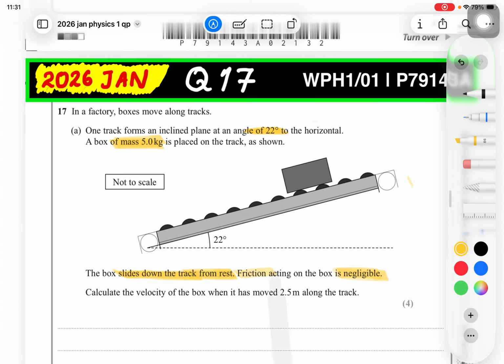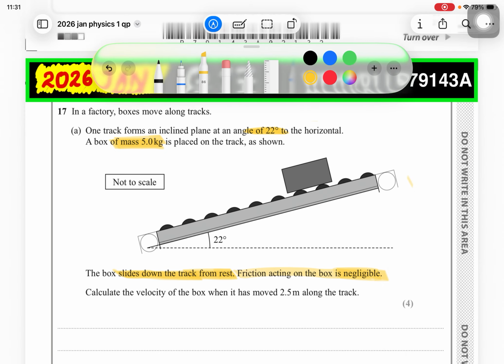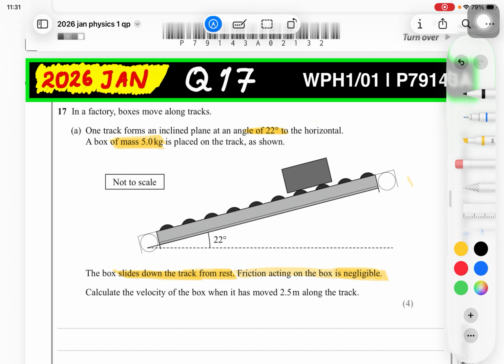So when they say the friction is negligible, we can entirely avoid the friction force. And calculate the velocity of the box when it has moved 2.5 meters along the track.